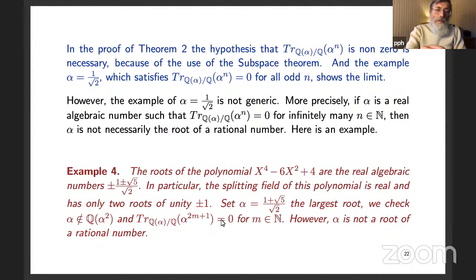Because of the plus minus sign, there is a cancellation, and this occurs for each odd power. However, alpha is not the root of a rational number. But we notice that alpha satisfies the following property. Alpha does not belong to Q(alpha^2).